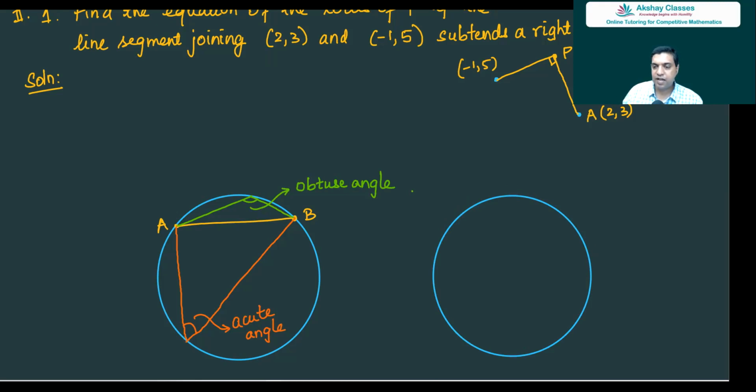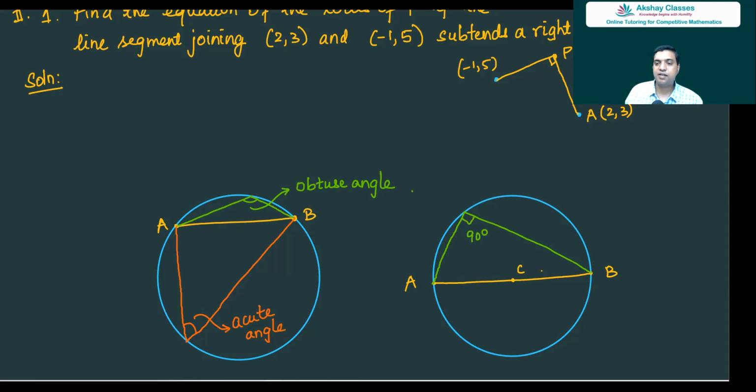Now, when AB comes exactly as a diameter, it passes through the center. Then what happens? What will this angle be? 90 degrees. Very good.